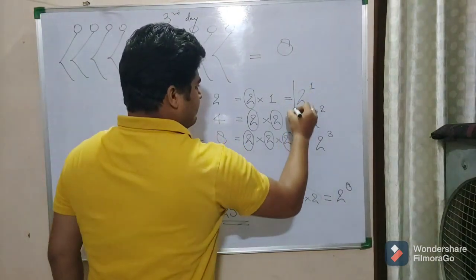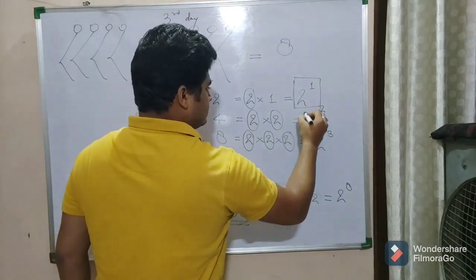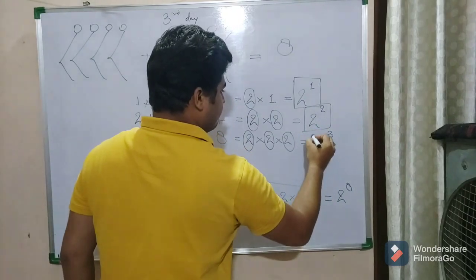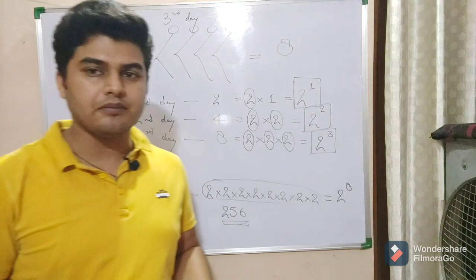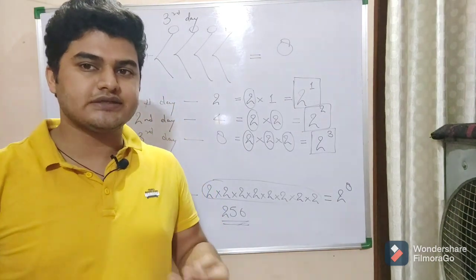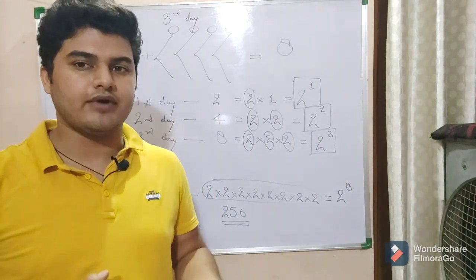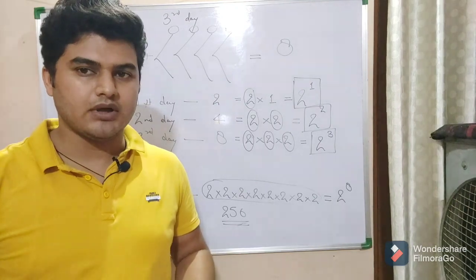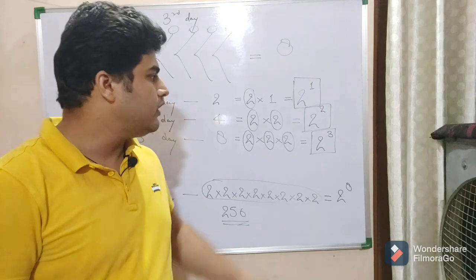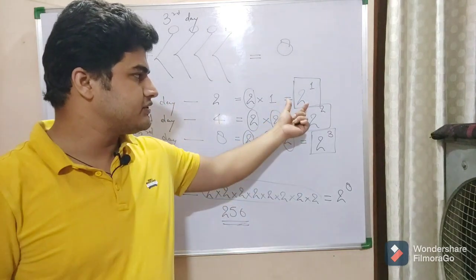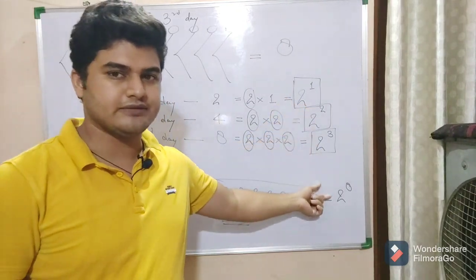So this type of expression of numbers, when the same number is multiplied by itself many times, we can write them like this.